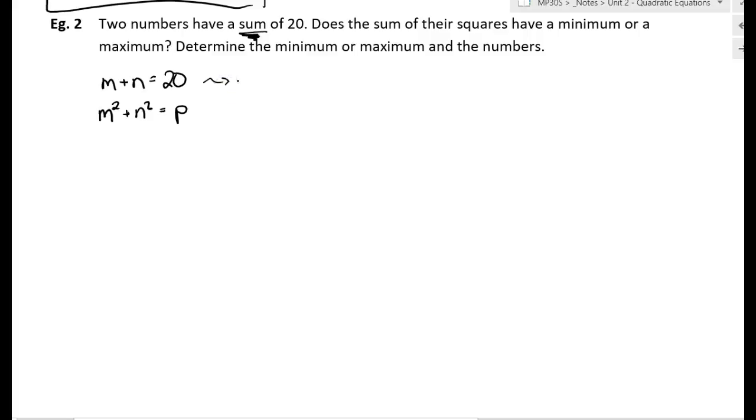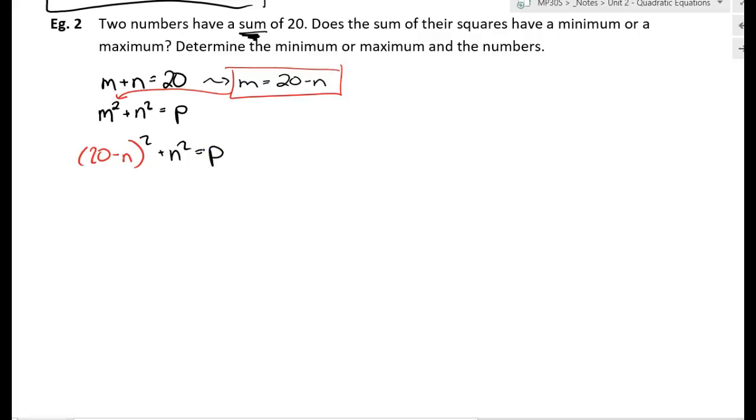So I'm going to isolate m and say that m is actually 20 minus n. From here, I can substitute this equation in for m because they are one and the same. That's what the equals implies. So now I've got 20 minus n squared plus n squared equals my maximum minimum sum value.